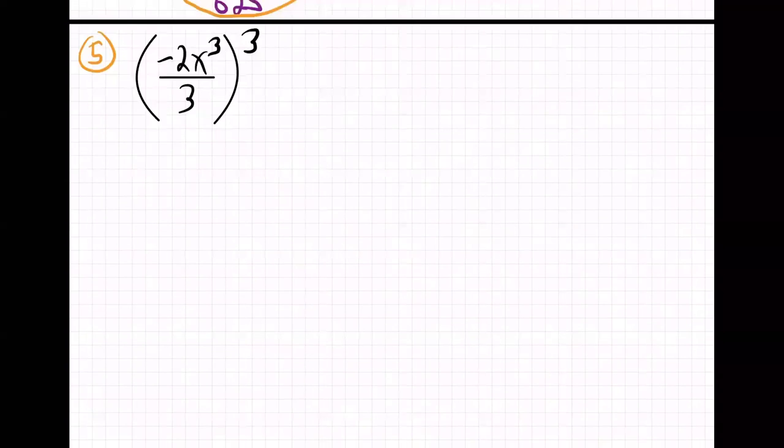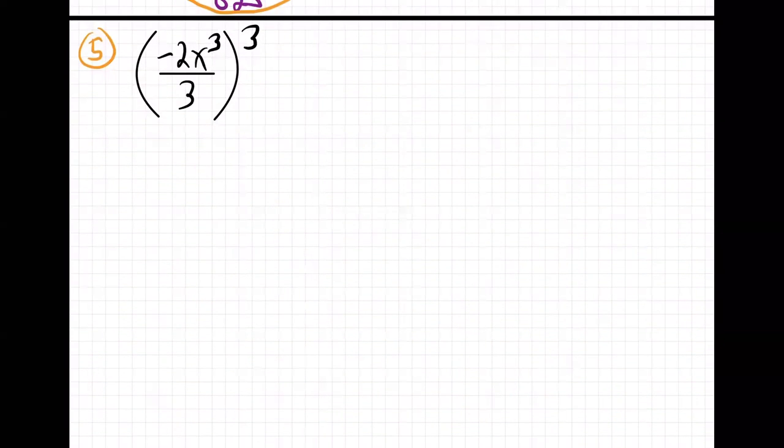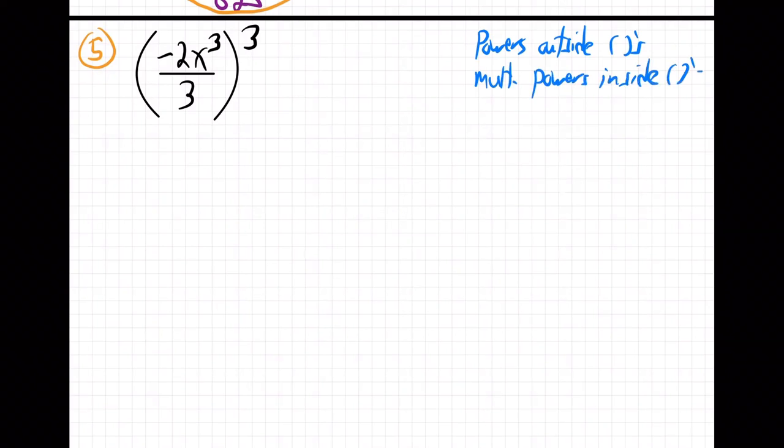Okay, so on this one, we have a power outside of parentheses. And so let me come over here and write what happens. Powers outside of parentheses multiply powers inside of the parentheses.